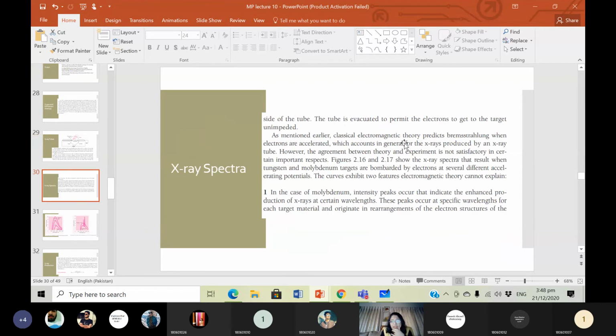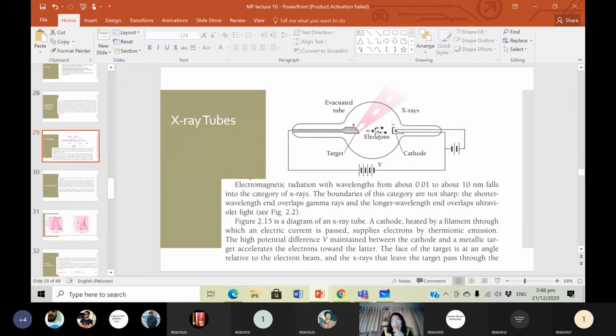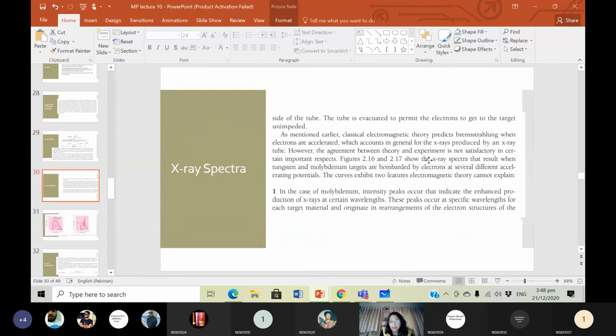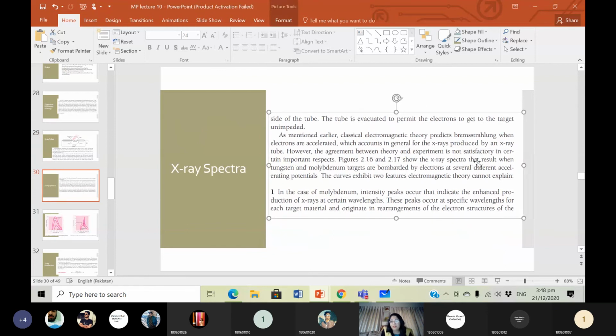So what's happening over here is that electrons are reaching the anode. When they strike the metal, some X-rays will be produced. So basically, what we have here is the X-ray spectra that result when tungsten and molybdenum targets are bombarded by electrons.